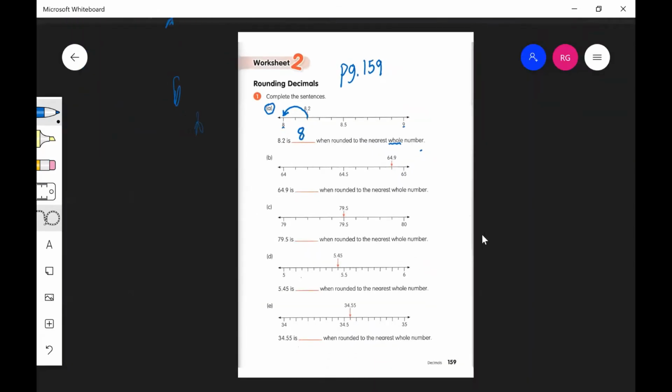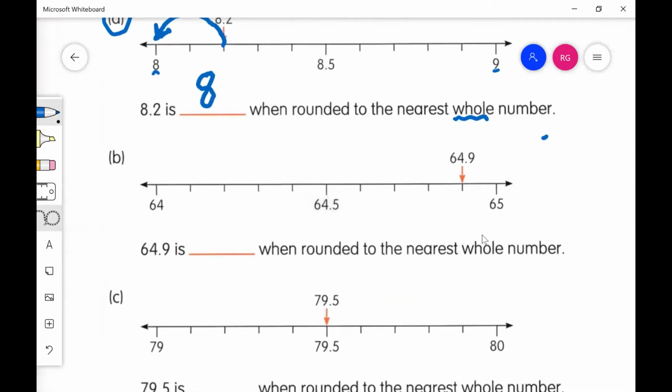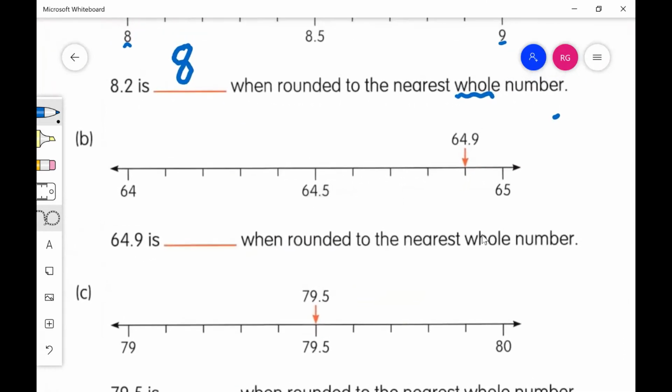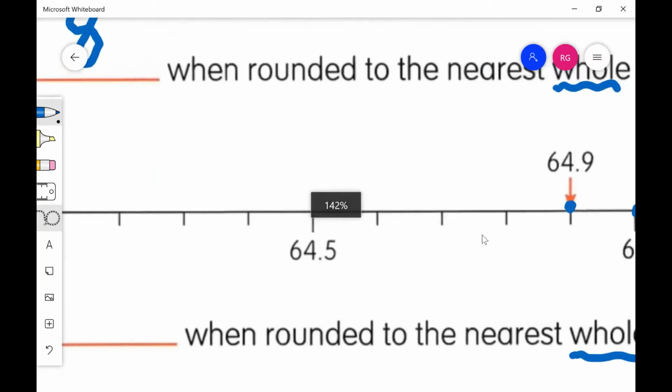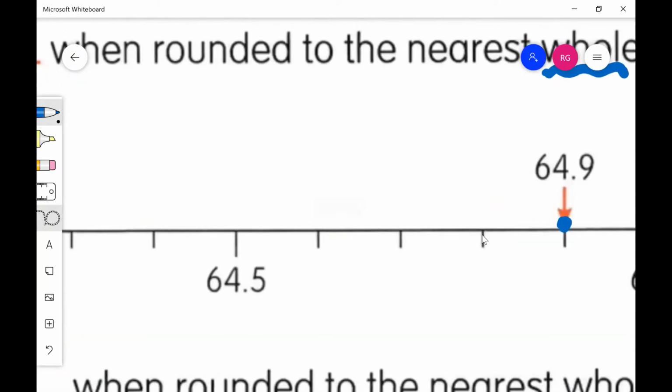Okay, so let's go on to B. For B, it looks like they plotted the number 64.9, and they ask here to round again to the nearest whole number. So the options are either 64 or 65. If we look at the number 64.9, and we're looking at the nearest whole number, which digit is my whole number here?